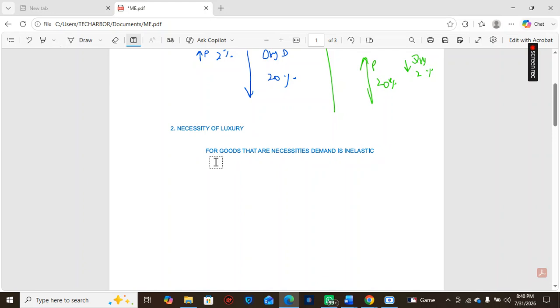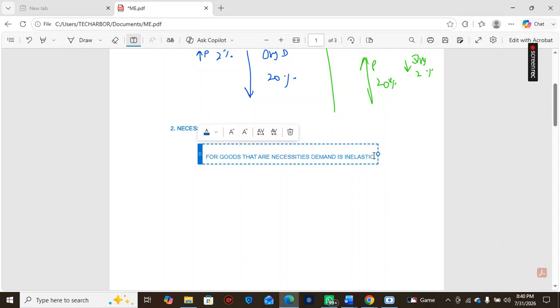But if a good is not a necessity, it's a luxury, then demand is elastic. Let's say some luxurious goods, like diamond chains or gold chains.